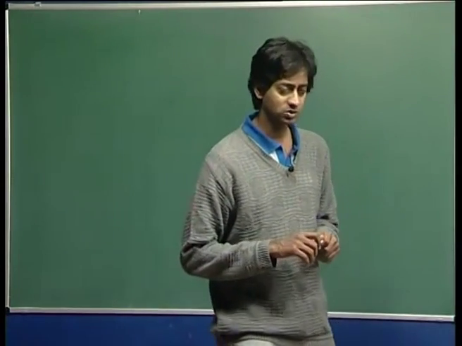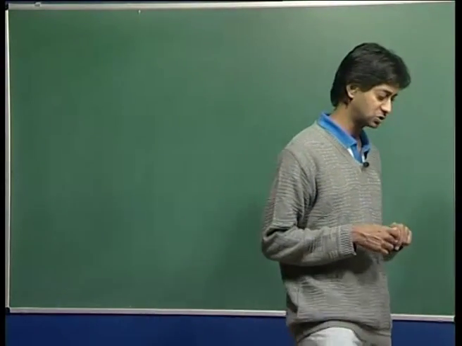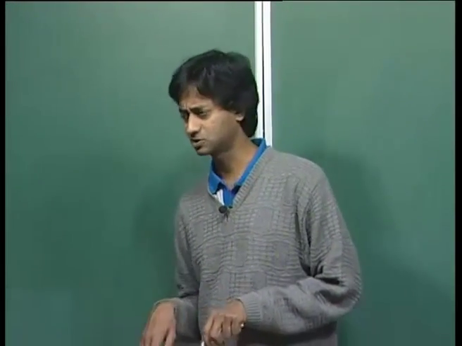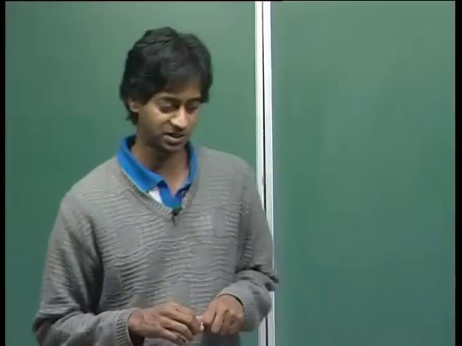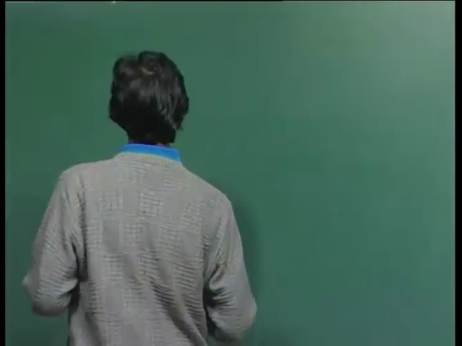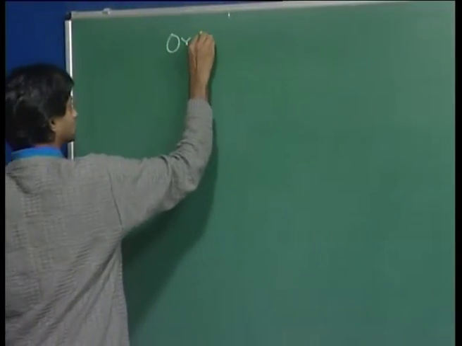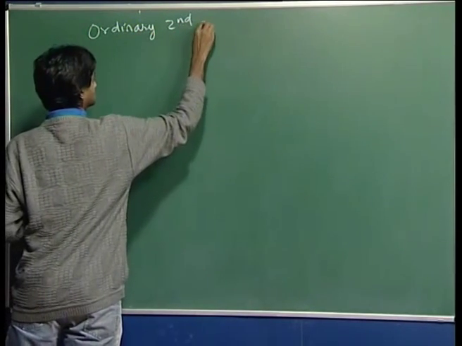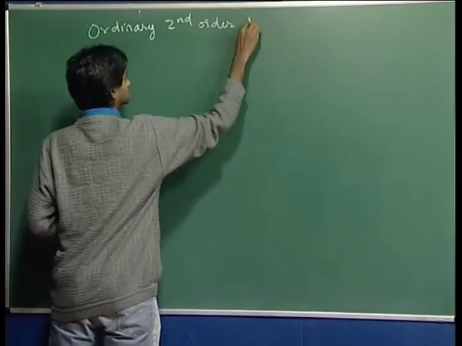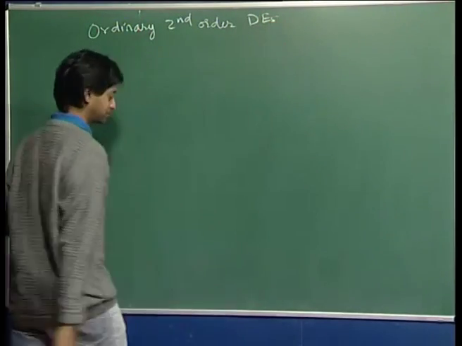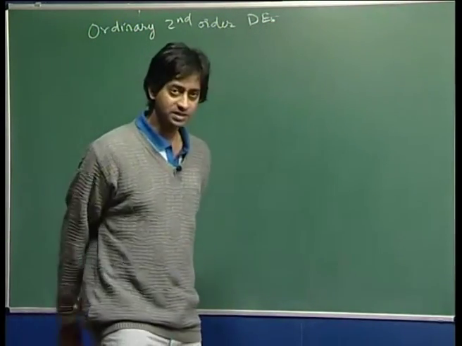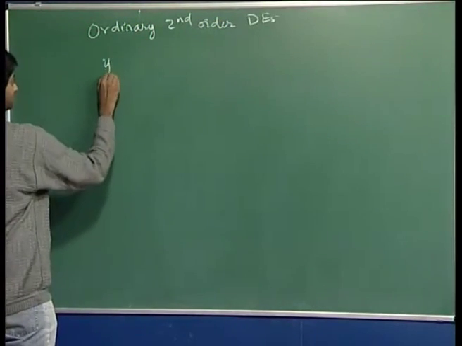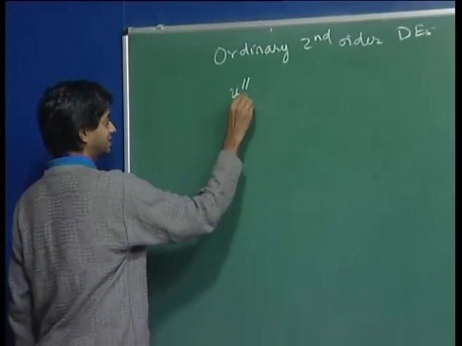Okay. So now what are the techniques that we use to solve second order differential equations, and for now we will restrict ourselves to ordinary second order differential equations. Okay. Now, a second order differential equation is something that contains y double prime, the second derivative of y.